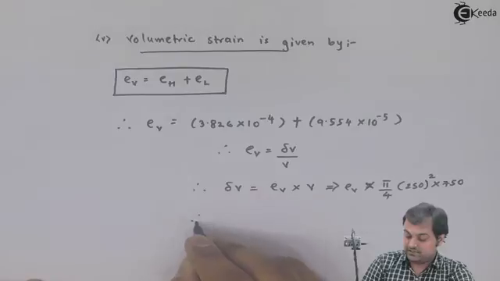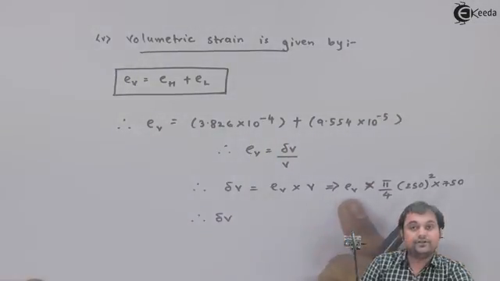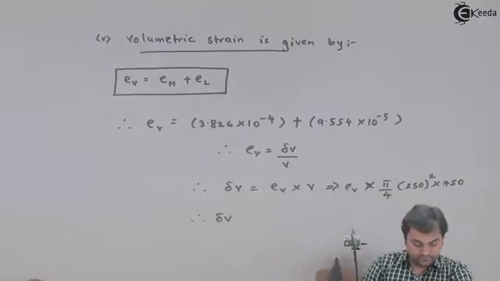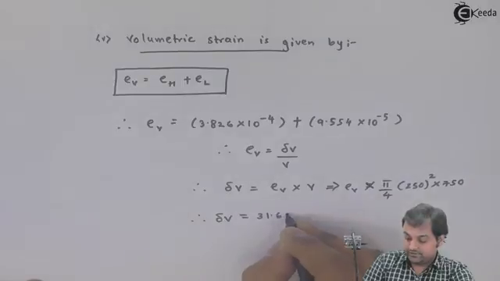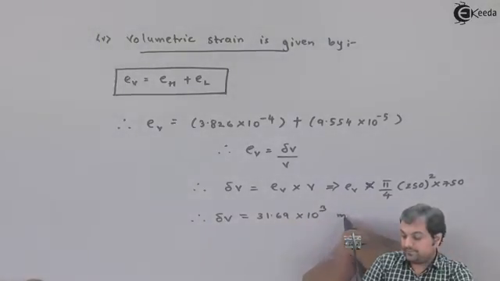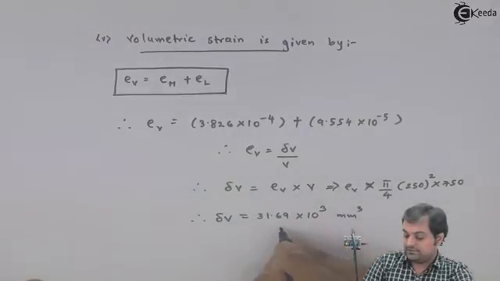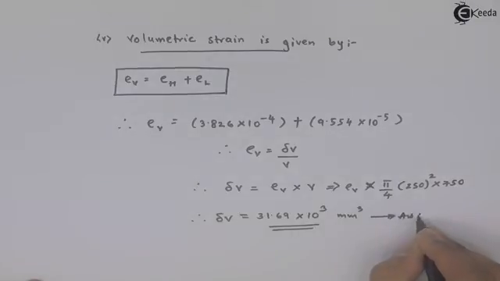Putting the volumetric strain value here and calculating the whole term, my answer for the change in volume comes out to be 31.69 into 10 raised to 3 mm cube, since it is the change in volume. And this is my fifth answer.